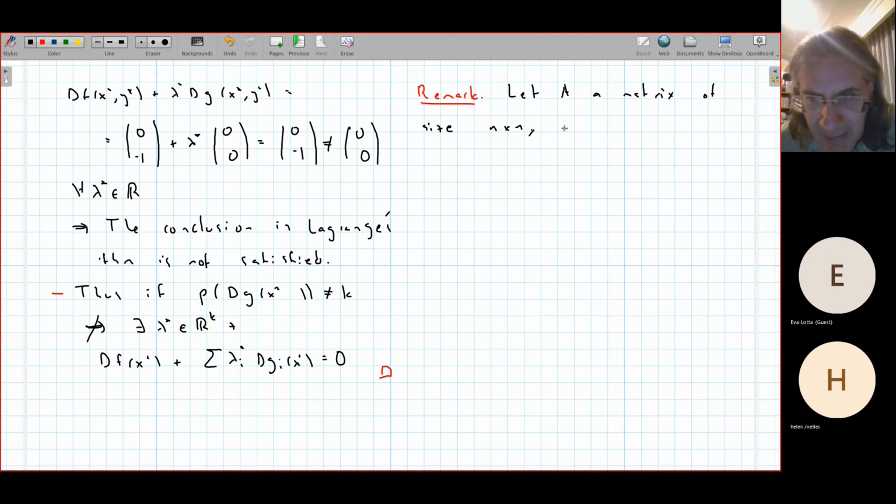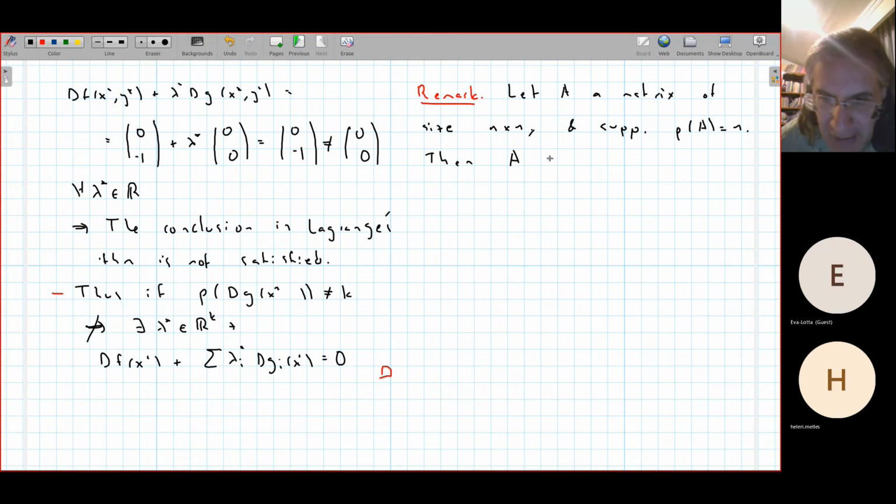And suppose that the rank is equal to n. Then we say that the matrix is non-singular, or equivalently, we say that A is invertible.